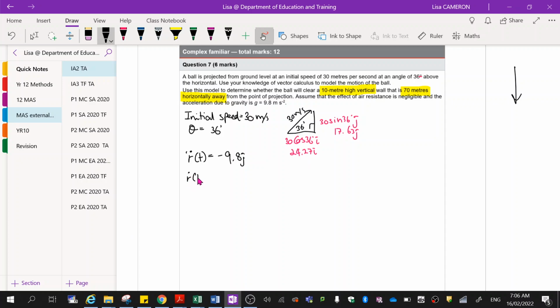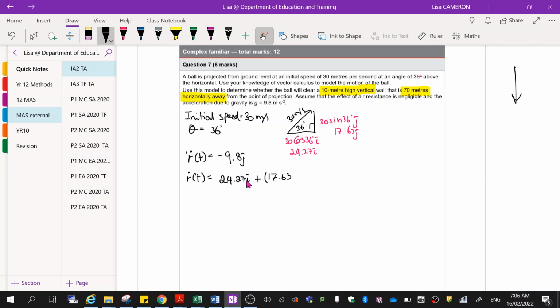The only thing acting in the I direction is 24.27 I. Like I said before, I could write this if I wanted to, but I don't have to. Plus, bracket, this is acting in the J direction, because that's the thing that's making it go up.